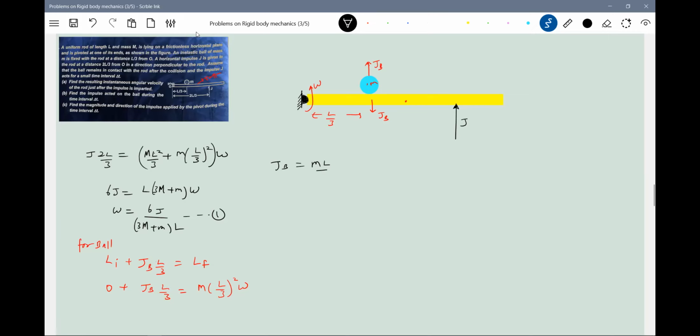So this will become M L by 3. Omega is 6J by 6M. Okay, 2mg.